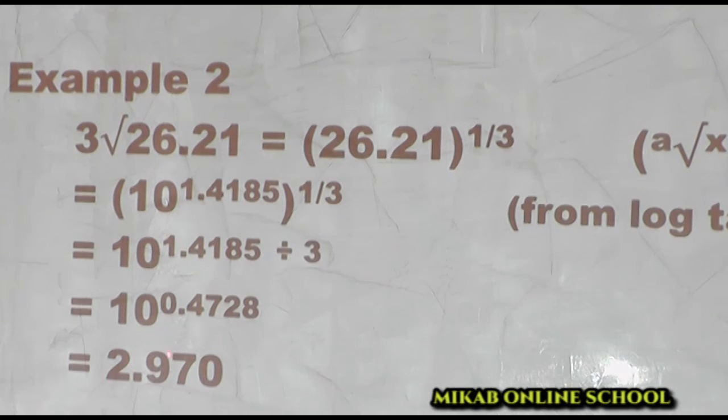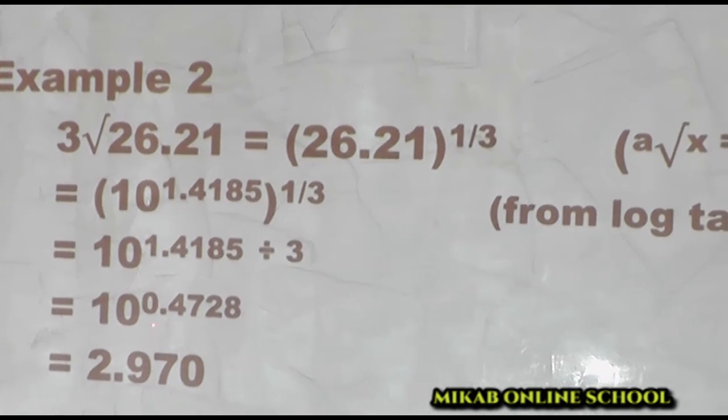And we're going to have 2970. From what we have here, this is telling us that when we add 1, we'll have 1. That means just one digit. After one digit, we'll place the decimal point. So this is going to give 2.970 as the anti-logarithm of this.